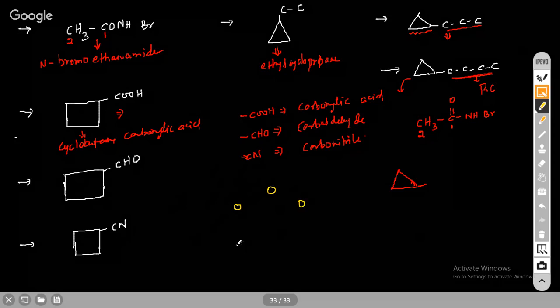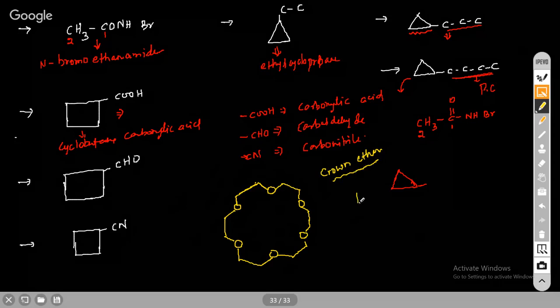All these are oxygen and these are carbon, one, two, like this, we have carbon here. This is the structure of crown ether. The general name is crown ether.